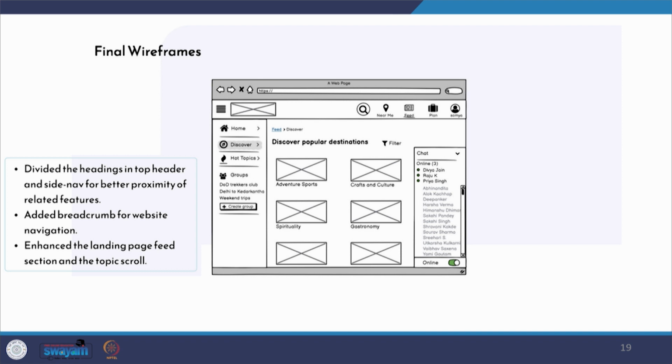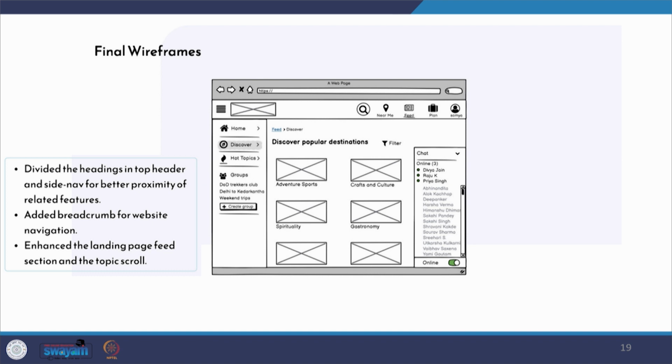So now the user will know where he or she is in the entire website, so they can always track their steps. They know that, okay, I entered the feed and went to discover, then I went to this stage. Just like breadcrumbs. And then enhance the landing page feed section and the topic scroll.